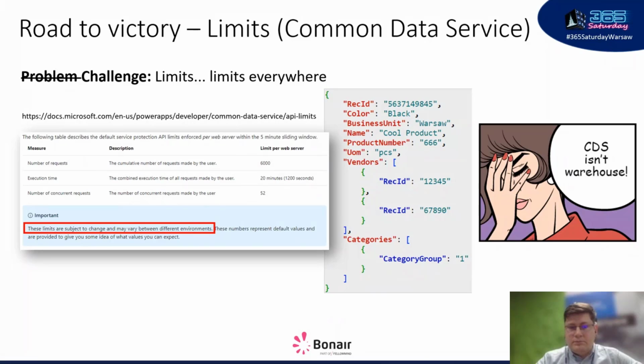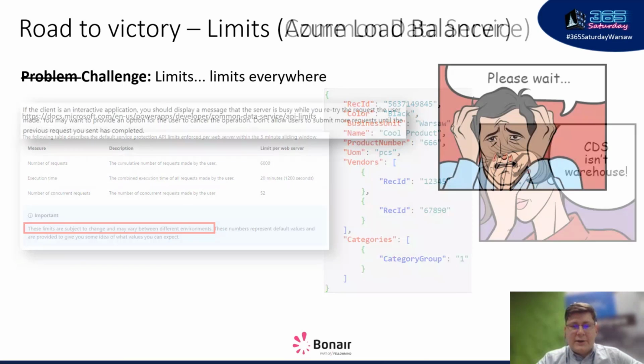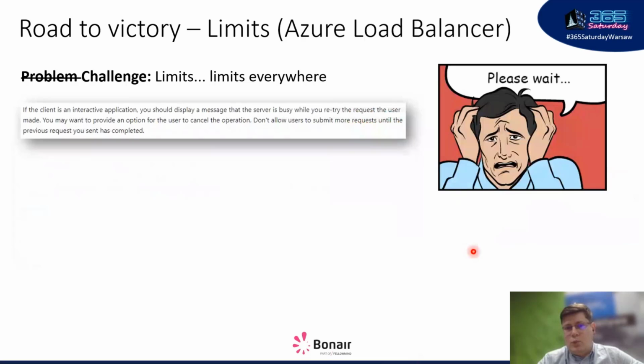Okay, so this problem can occur if we are sending something faster than 1,000 per 5 minutes. And if we encounter this problem, what can we do? Microsoft decided we should just wait. Okay, we should just wait another 4 or 5 minutes for the next 6,000 limit.